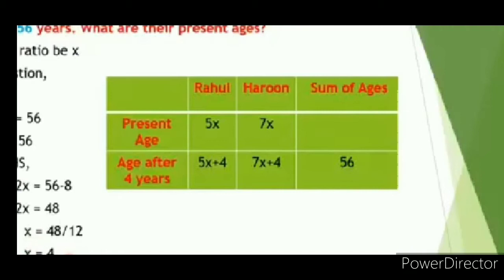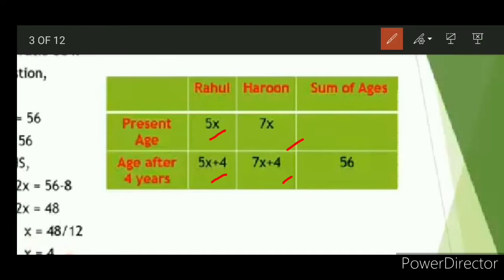Now, age after 4 years. We know that after 4 years, 4 is to be added to everybody's age. For example, at present your age is 15. After 4 years, your age will be 19. So for everybody, the age increases by 4.